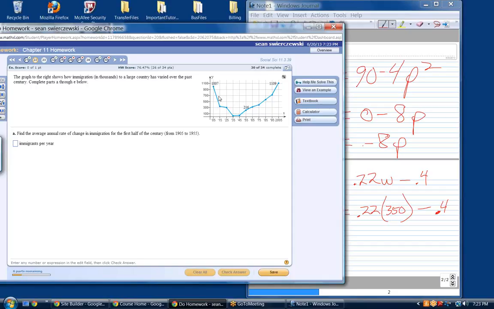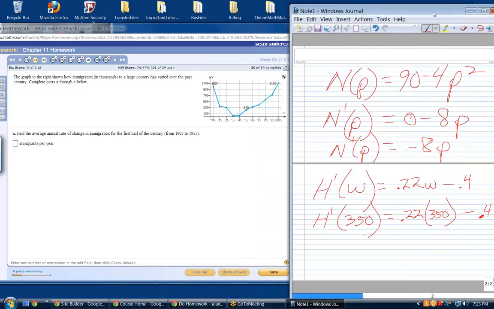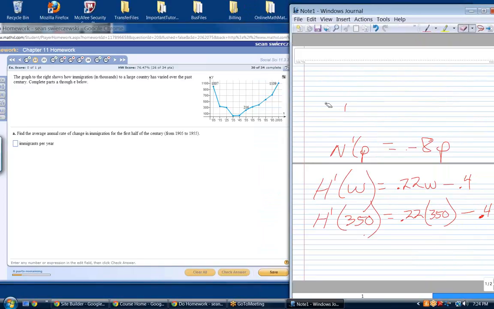So what's the difference in the y's from 1905 to 1955? It went from 1,007 to 216. That's 791, negative, because it went down.